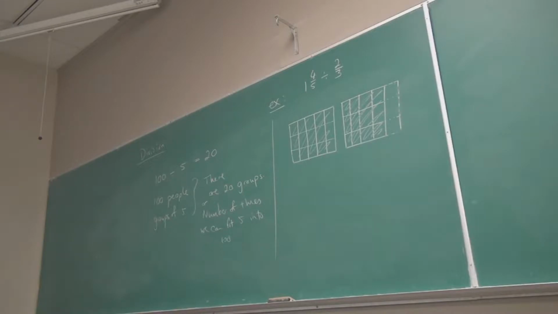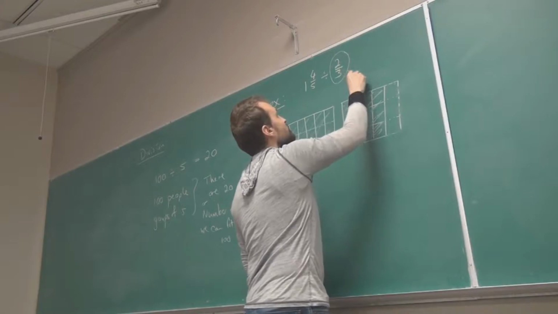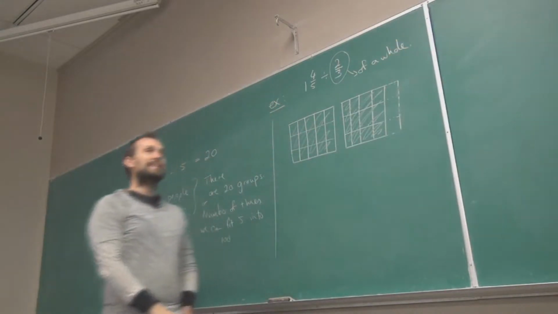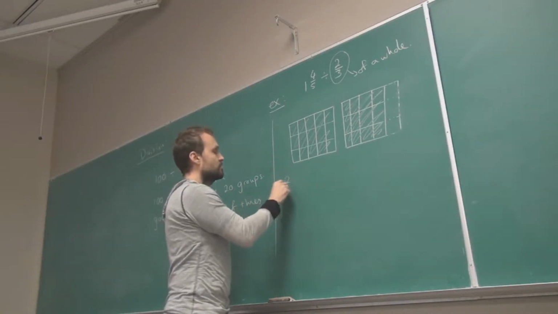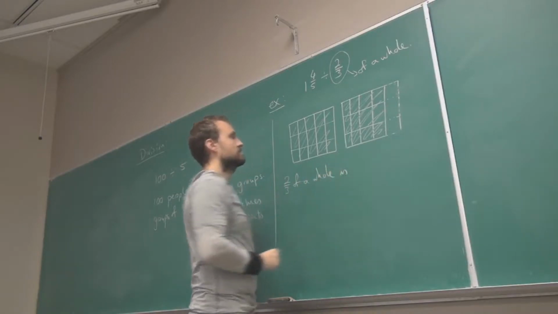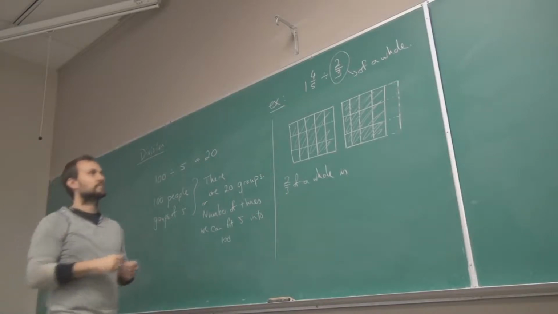Now 2/3 of a whole. How many would that be? 2/3 of a whole is how many of those little guys, those little squares?